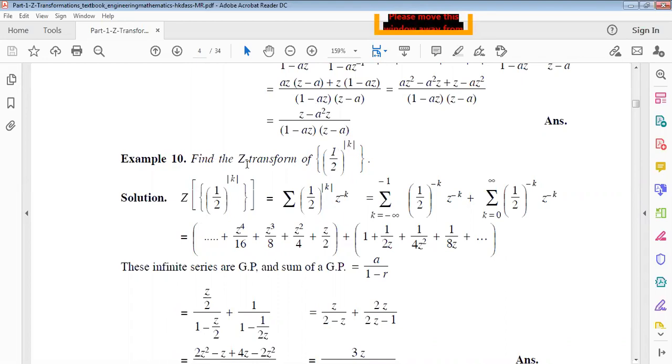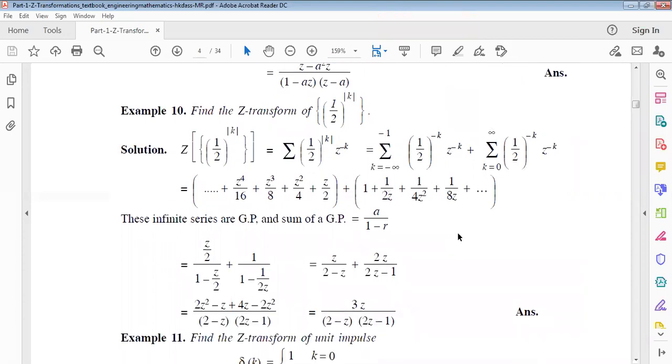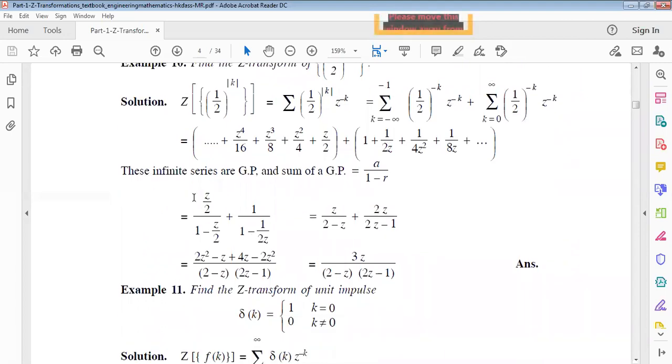The z transform of this can be written as a summation from minus infinity to minus 1 as the first part, then k equals 0 to infinity as the second part. These are also two geometric series. The infinite series is in geometric progression, so the sum will be this, with a similar process.